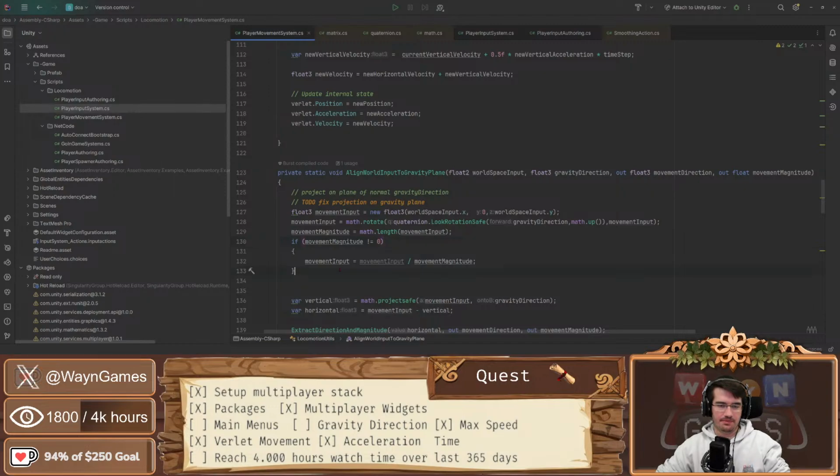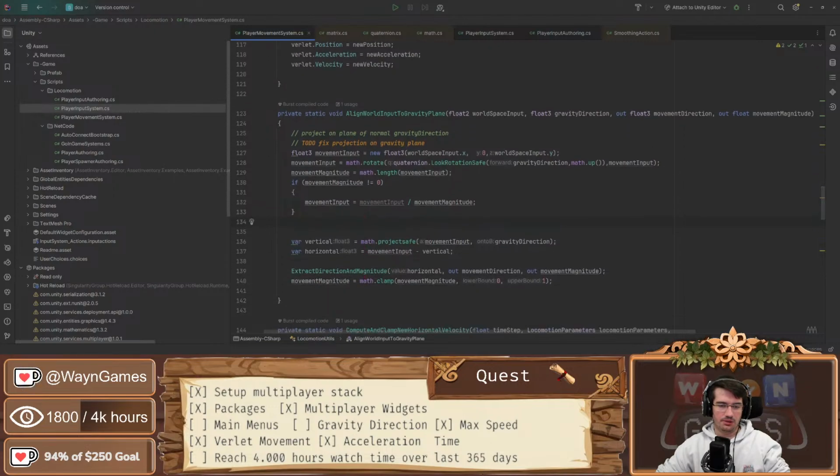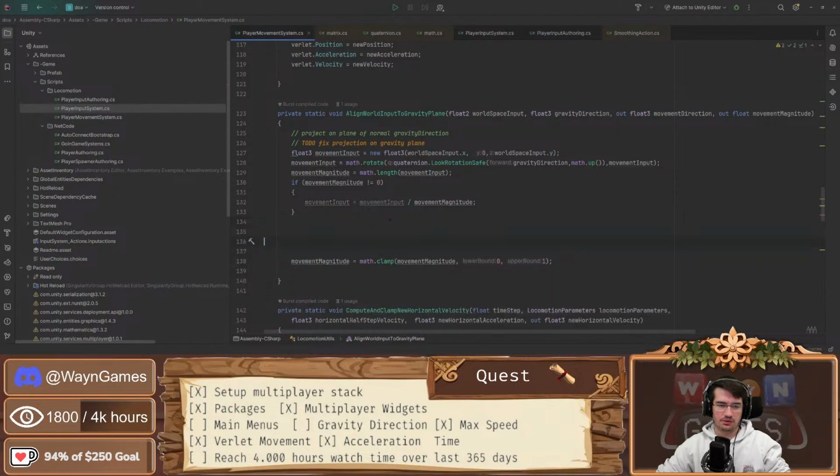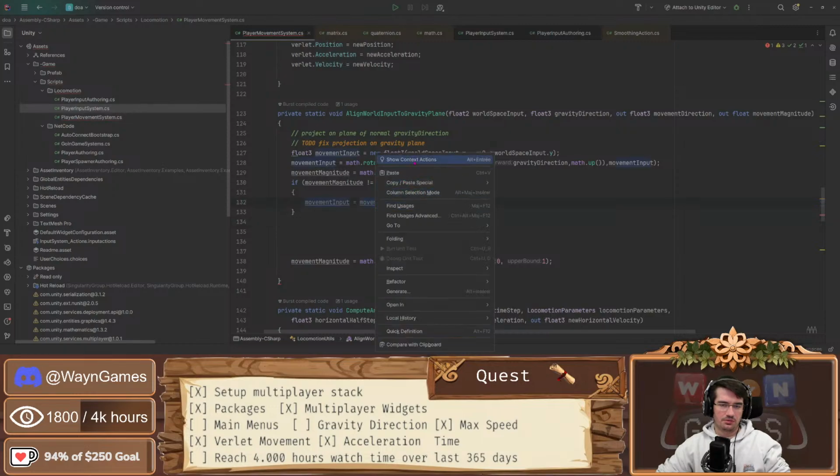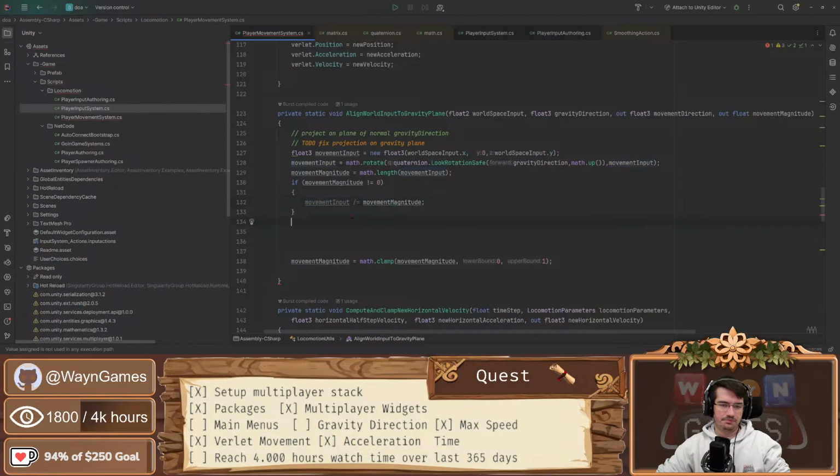And if the magnitude is too big, I clamp it. So that's good. Not used in any execution path.